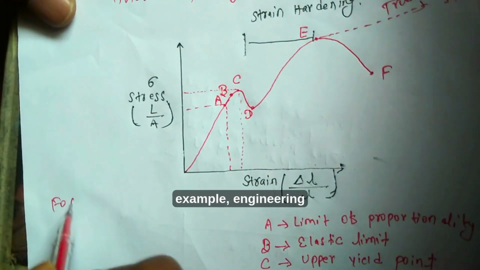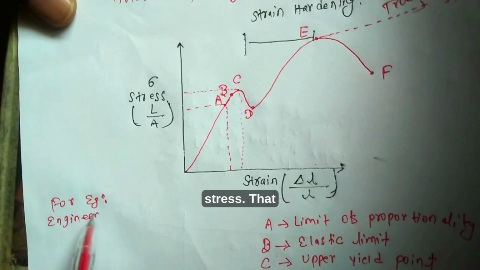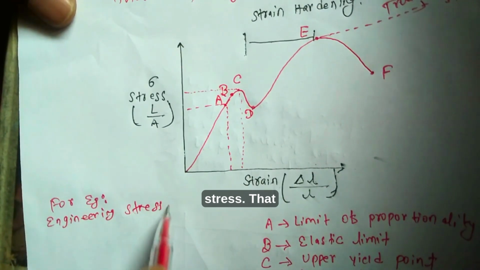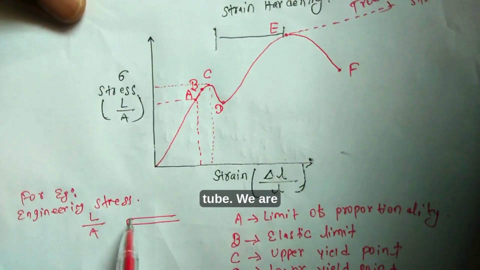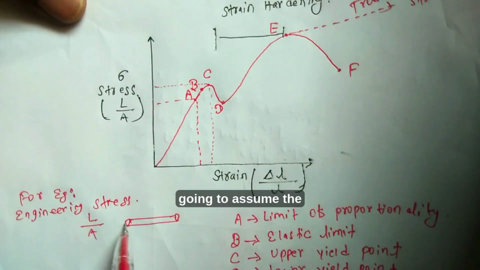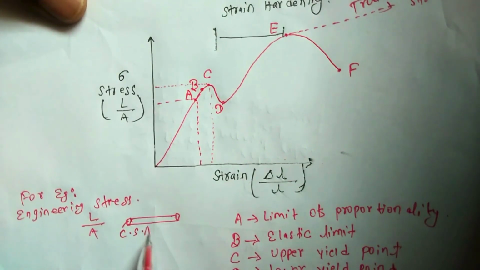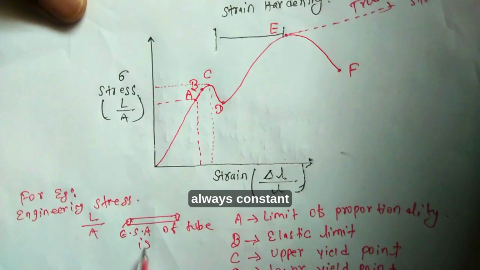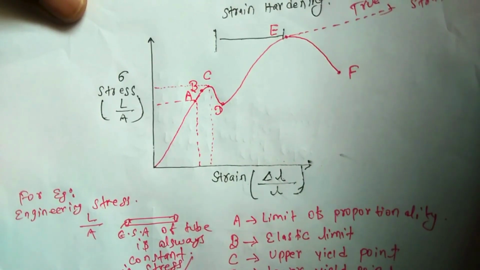There is a key difference between engineering stress strain and true stress strain. Engineering stress is load by area, and we assume the cross section of this tube is always constant in the engineering stress strain curve.